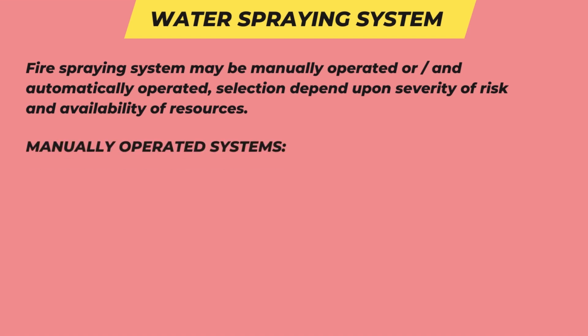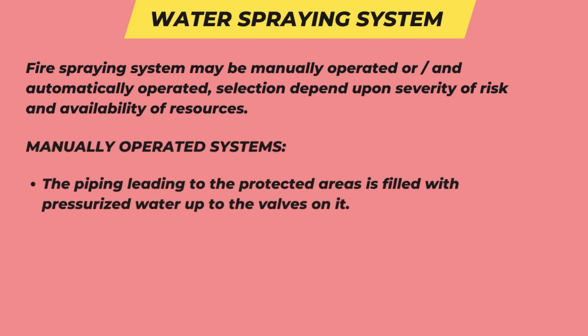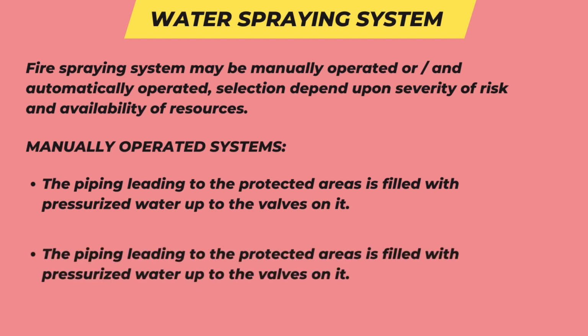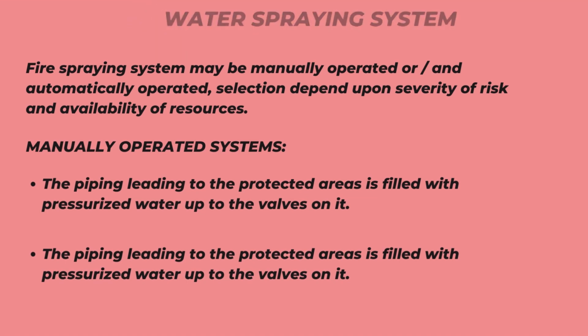In a manually operated system, the piping leading to the protected areas is filled with pressurized water up to the valve on it. When manually operated, the valve immediately releases water in the corresponding area to extinguish the fire.